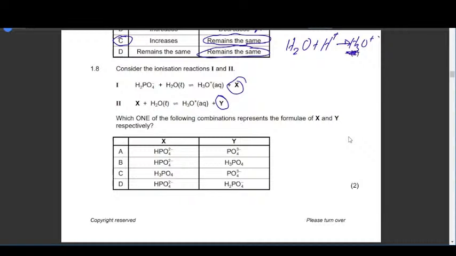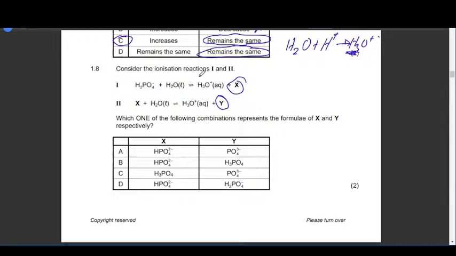So if it is like this, this is diprotic. It will ionize to give one hydrogen to the solution, and then that hydrogen is going to react with water to form this species. It is going to ionize to give one hydrogen to the solution, and this hydrogen is going to react with water to form hydronium ion.